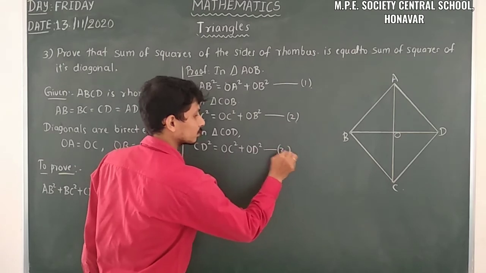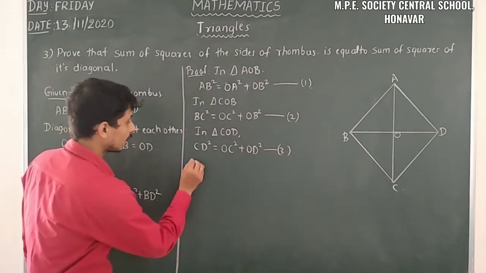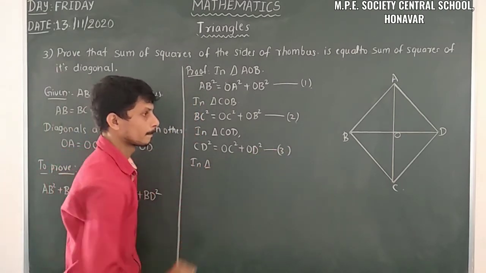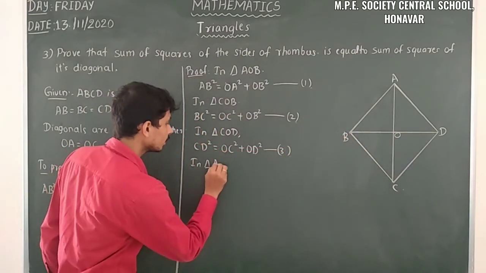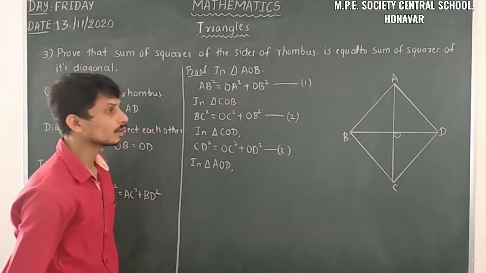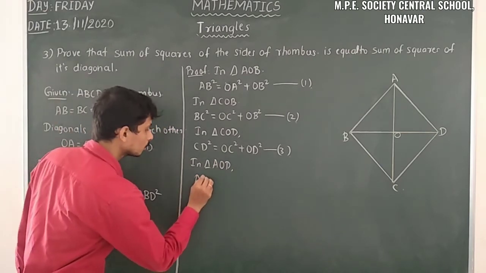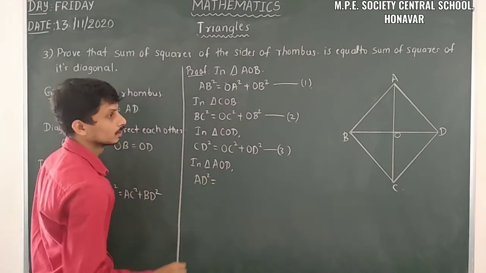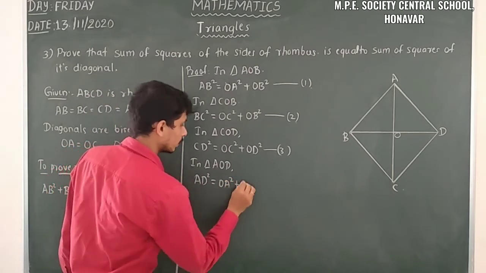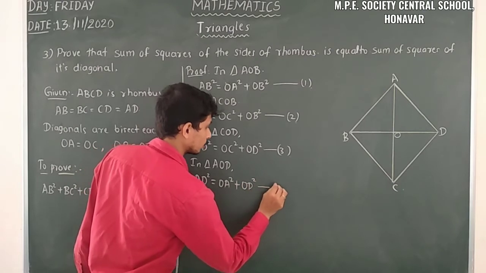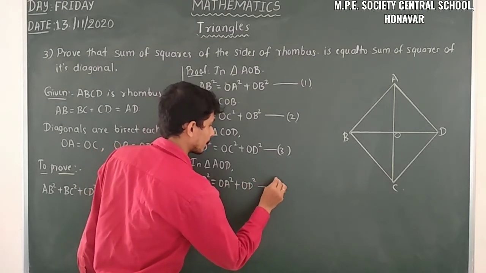Equation number 3. Then in triangle AOD, we have AD square is equal to OA square plus OD square. Equation number 4.